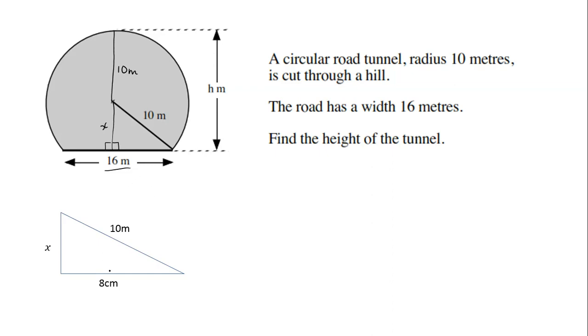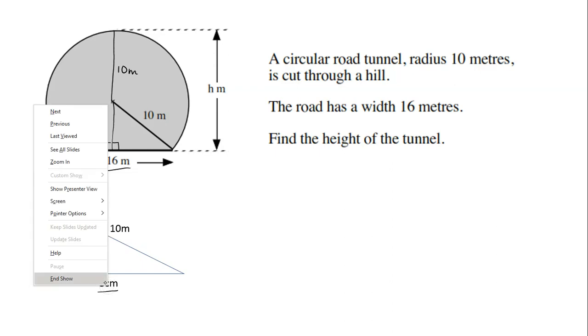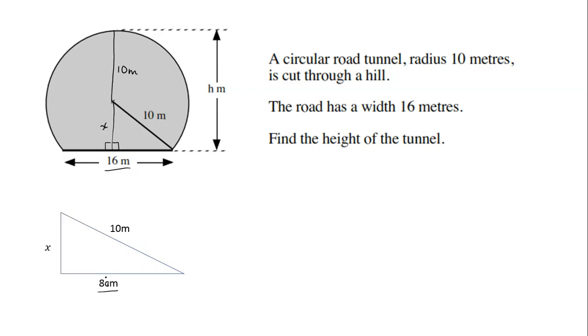As you can probably notice, I've marked in the bottom 8 metres because of this perpendicular bisector. So I've now got a right angled triangle. I can now use Pythagoras in order to find that missing side.